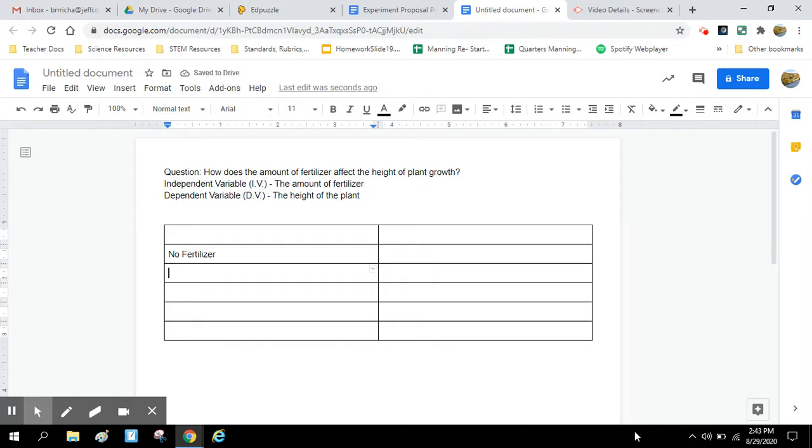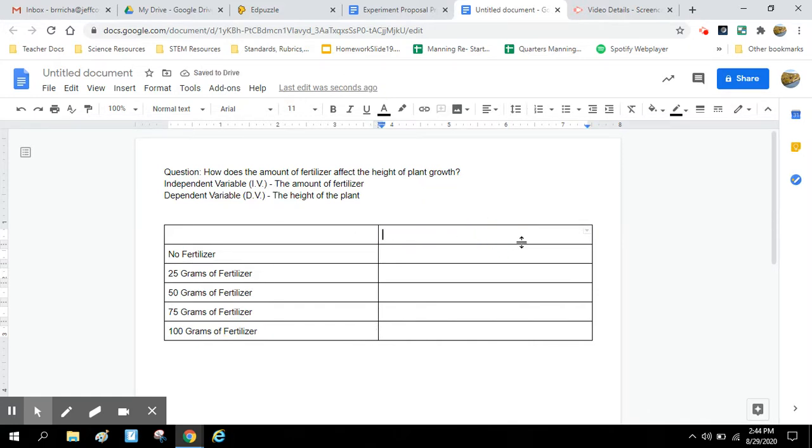The next column might have, or the next row might have 25 grams of fertilizer, 50, 75, and finally 100. Now, of course, you would have to have different tests.